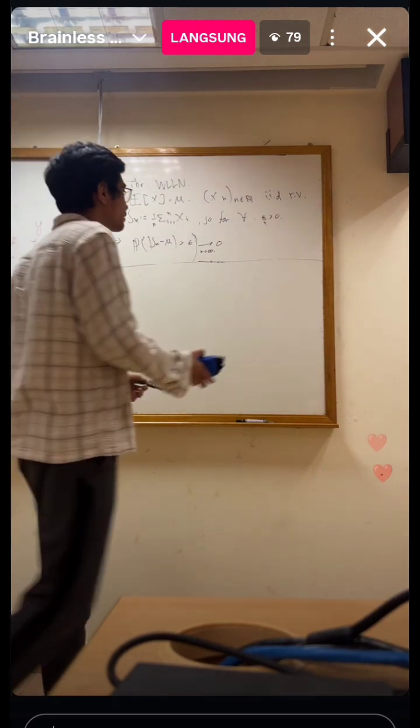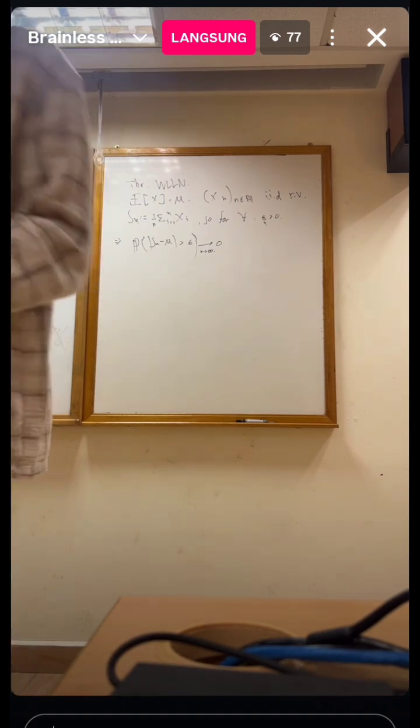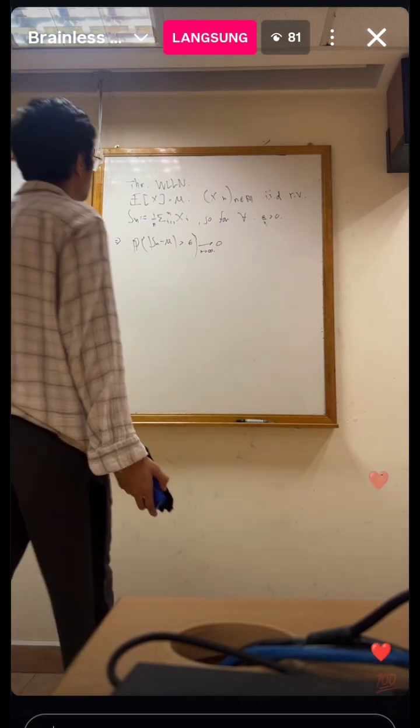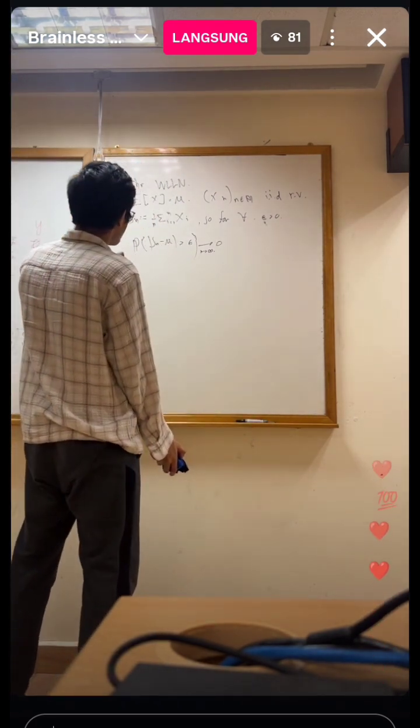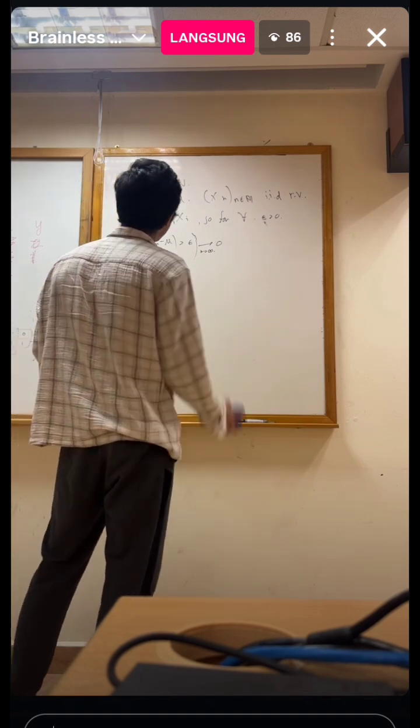But back to the point, now we continue to work with the weak law of large numbers. I mean, with the Markov, I don't see a point of doing this.